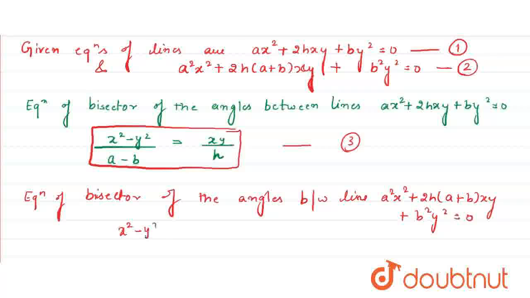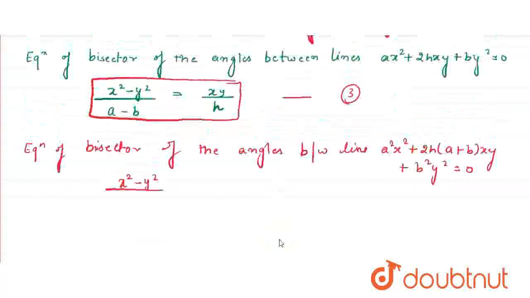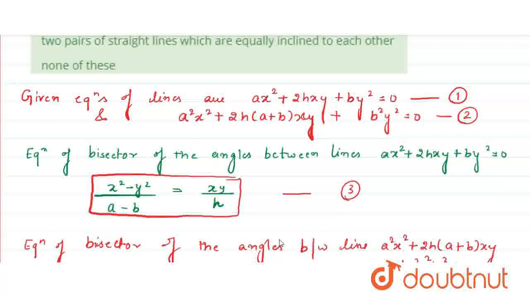First we will have x² − y², and in the denominator, a − b. Here the coefficient of x² is a², whereas the coefficient of x² in equation 1 was a. So we wrote a − b, and here it is a², and the coefficient of y² is b².